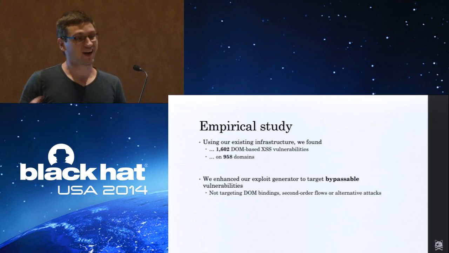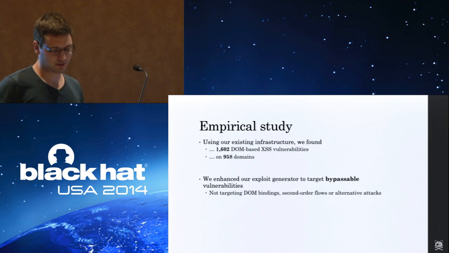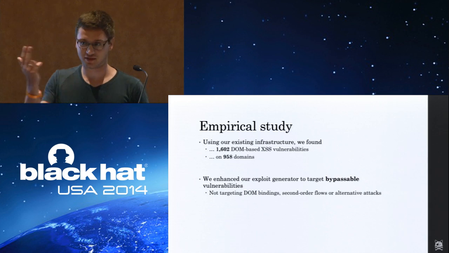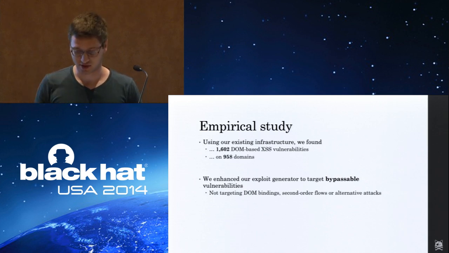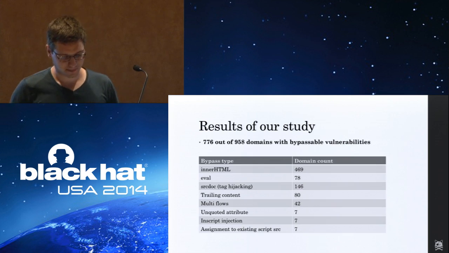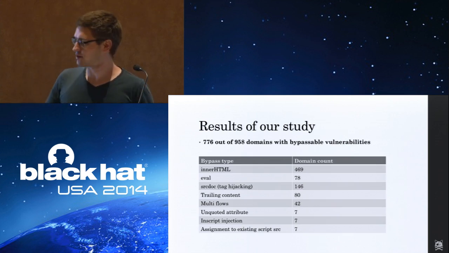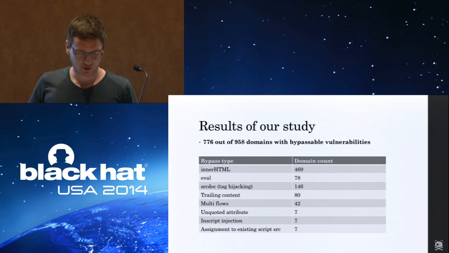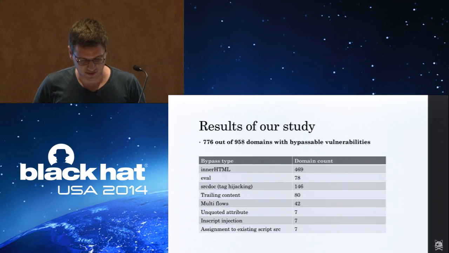We were not targeting the DOM bindings that I was talking about earlier, we were not targeting second order flows, and we were not targeting alternative attacks such as post message. But still, out of the 958 domains we had exploits on, we could successfully exploit 776.